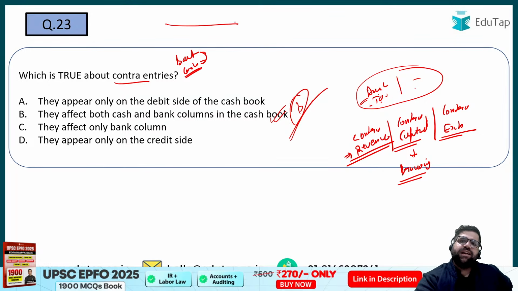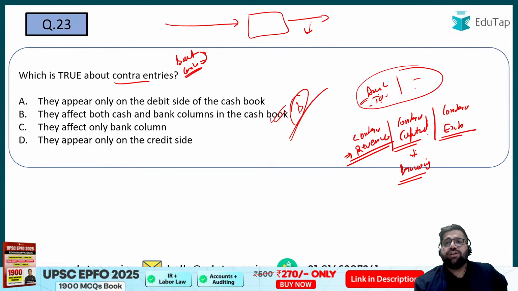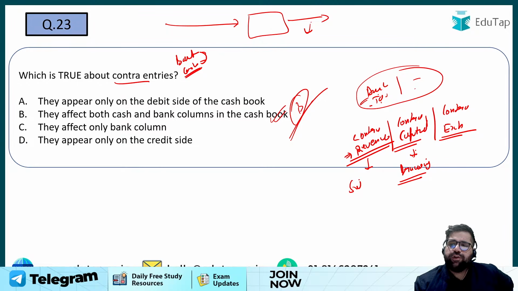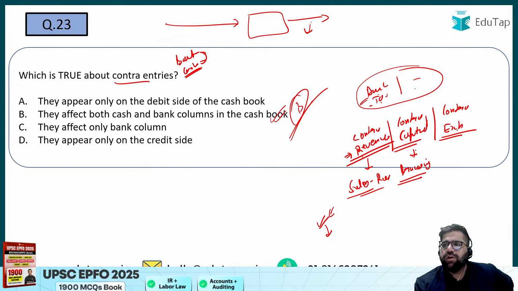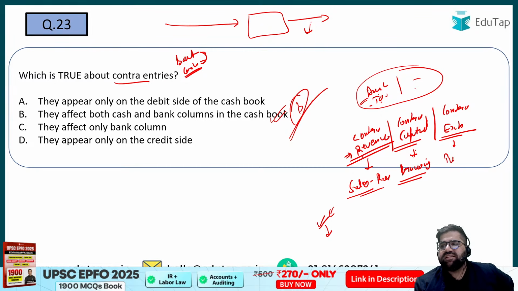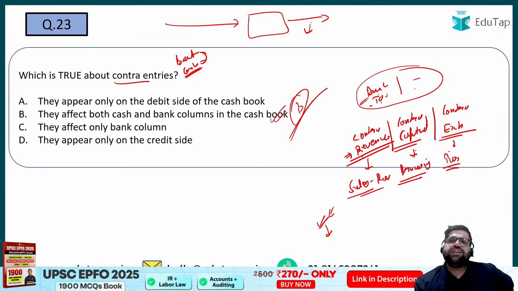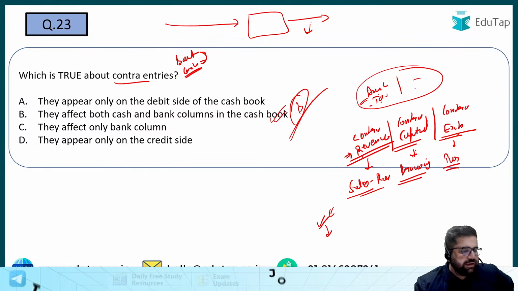If a person is bringing 10,000 as capital into my business and he is withdrawing 5,000, his capital is reducing, right? So it's known as contra capital. Contra revenue is your sales return because sales is your income, but if you return it, then your sales reduces. So sales return is a contra revenue. Contra expense is your purchase return. Anything which reduces your purchase, anything which reduces your expenses, is contra expense, right?